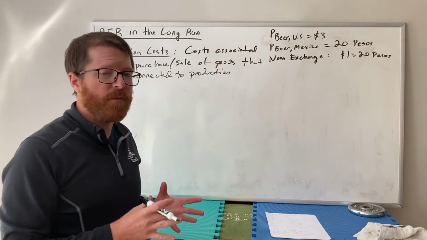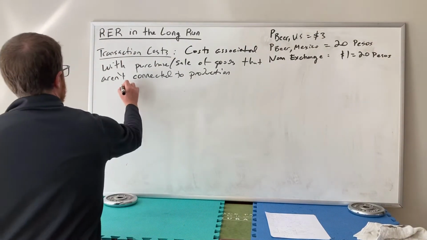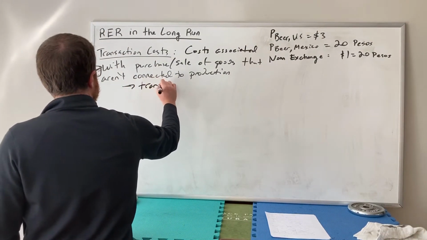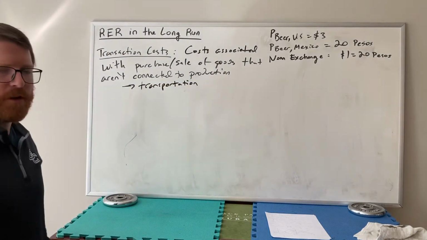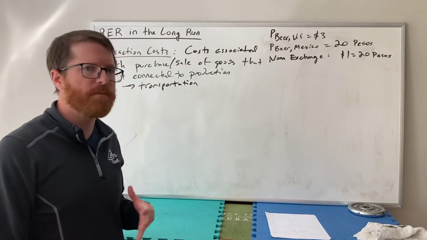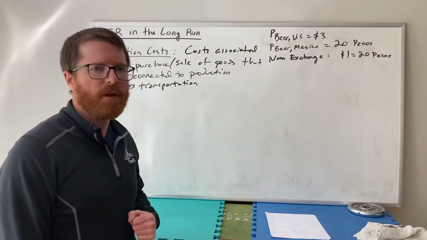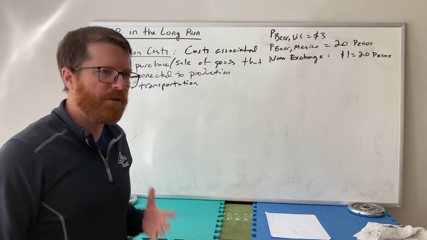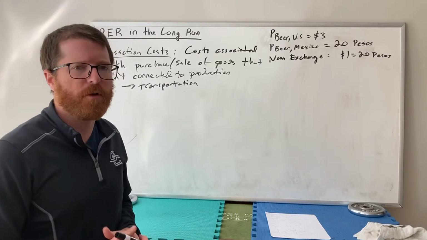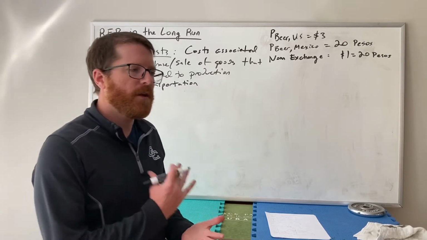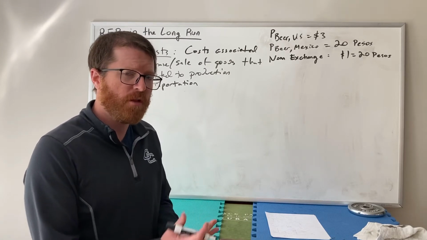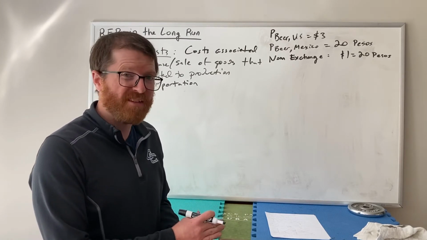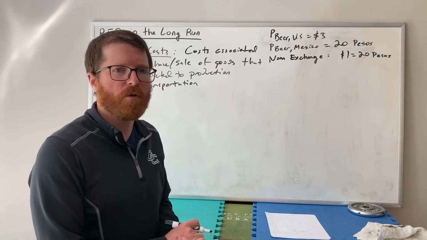Some are very easy, some are very straightforward. So for example, transportation. Transportation is definitely a transaction cost. And when I say transportation, this could mean the customer driving to the producer, or it could mean the producer delivering out to the customer. Either way, it costs money to transact, right? It costs either the customer, the producer, or in most cases, both, for an item to get sold.